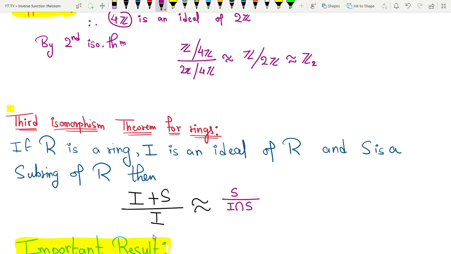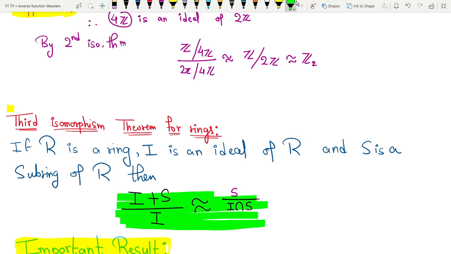You need to prove that I intersection S is again an ideal of S, right? If you prove all these things, at the end we get to this final statement that I plus S modulo I is isomorphic to S modulo S intersection I. So this is something that is given by the third isomorphism theorem.